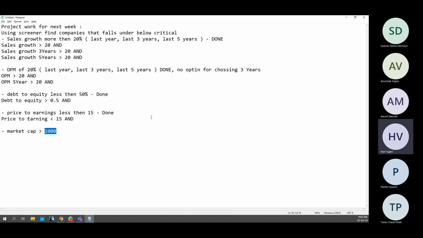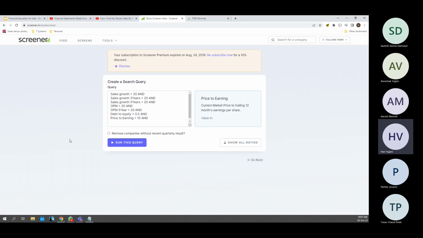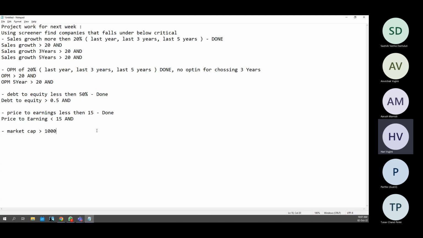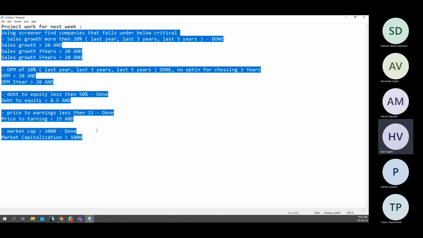So I don't want to go with companies with anything less than 1,000 crores. So market capitalization greater than 1,000. This is also done. I can paste it in the chat so you can refer to it in the future.